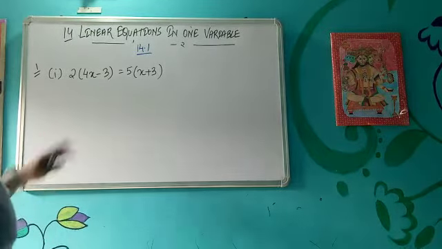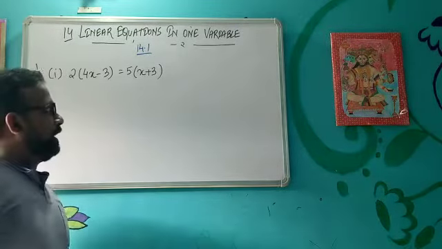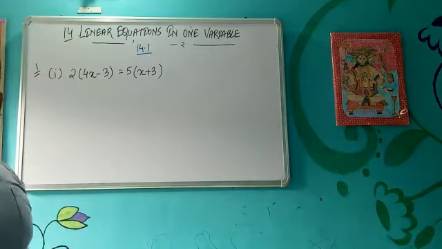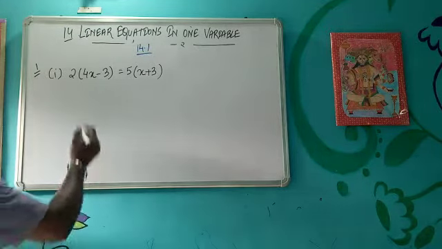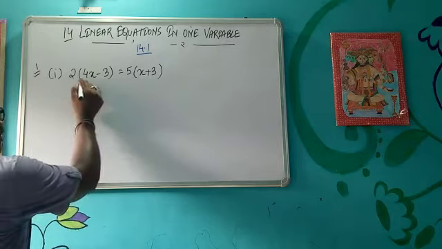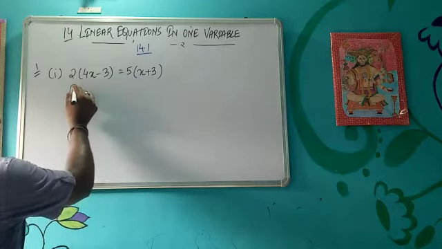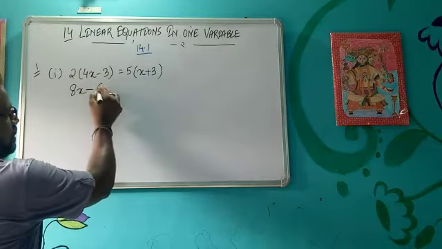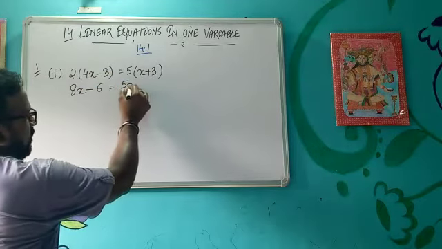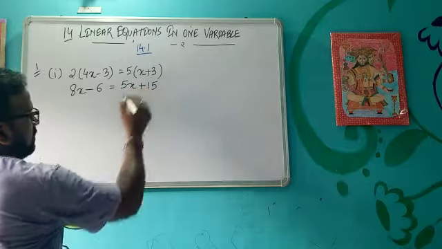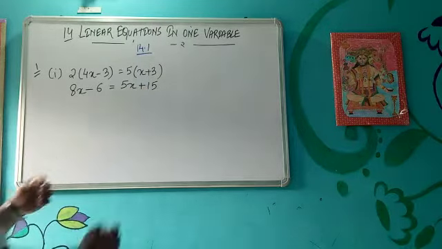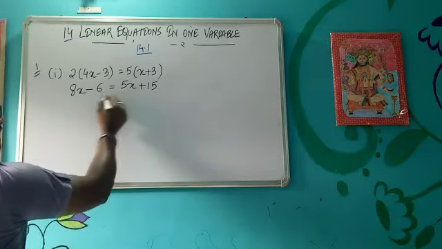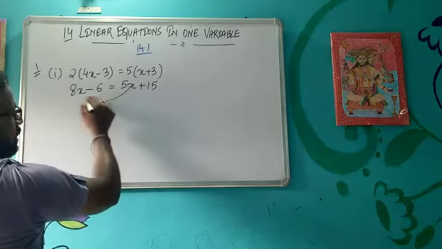Suppose this is the equation and I need to find the value of x as well as check the answer. First of all, I will multiply this 2 inside the bracket. You will get 8x minus 2 into 3 is 6, then 5x plus 15. Then we will bring this 5x here and minus 6 will go there.